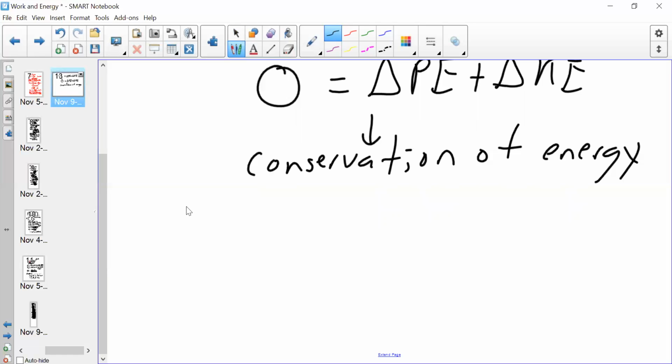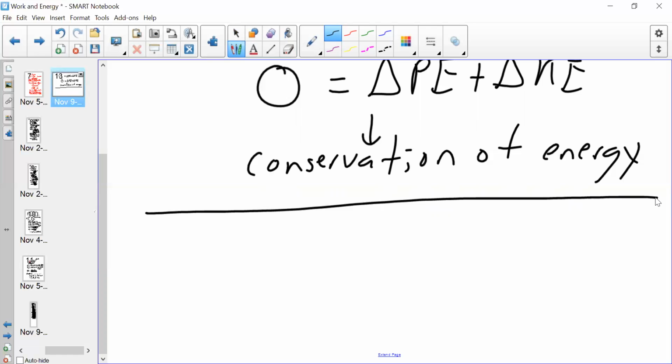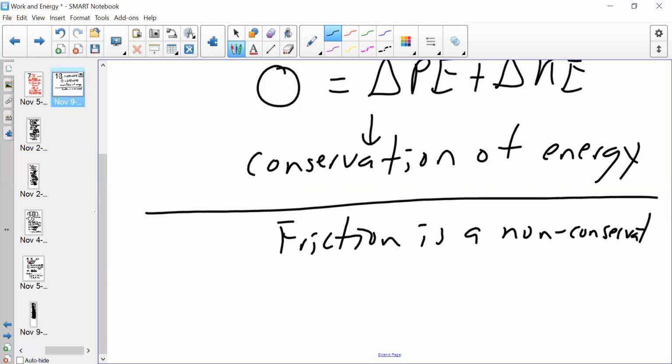See, friction comes into the mix, and friction is a non-conservative force. It takes away everything. Seen a little bit of that already. We need it, but you don't use friction in talking about conservation of something.